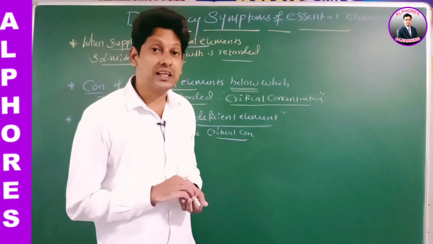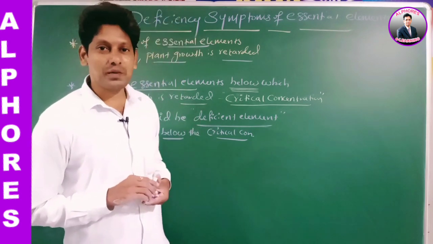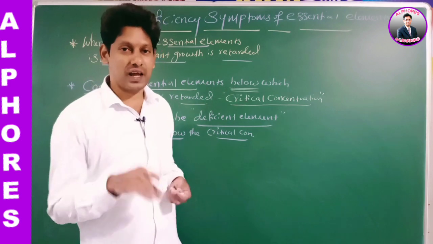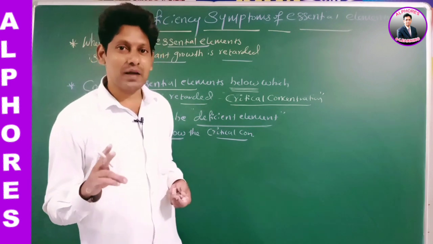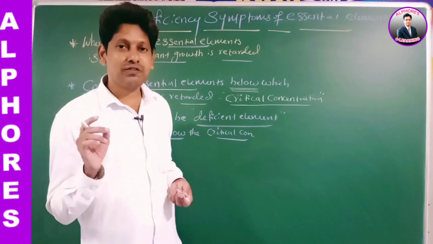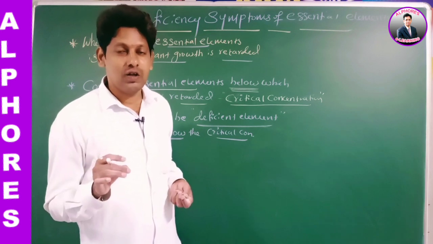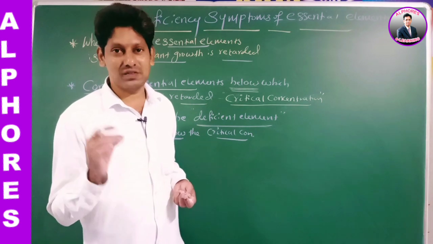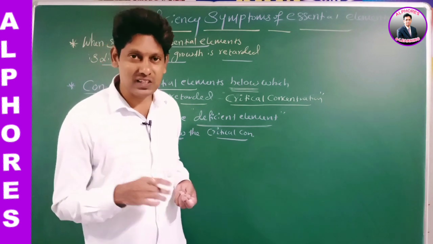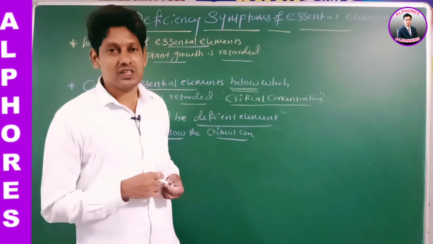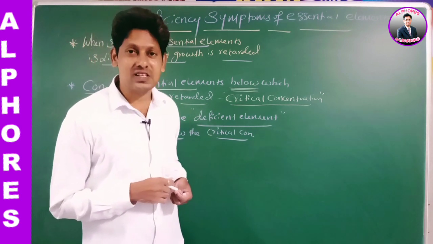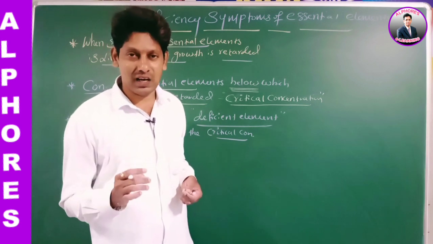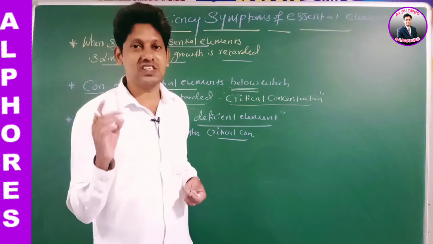Sir, what is the meaning of essential element? Required for growth and development of the plant. It means the essential element has morphological, functional and physiological activities in a plant.